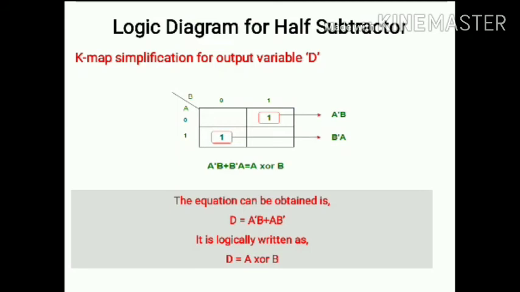So look at the K-map table. A and B values are shown. In the first row, the first cell, that is first row, first column, is A bar B bar, and the second cell is A bar B. In the second row, the first cell is A is 1, B is 0, that is A B bar, and the fourth cell is 1, 1, that is A B. So see the truth table.